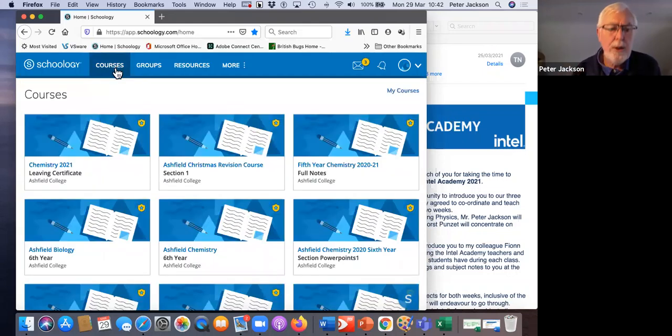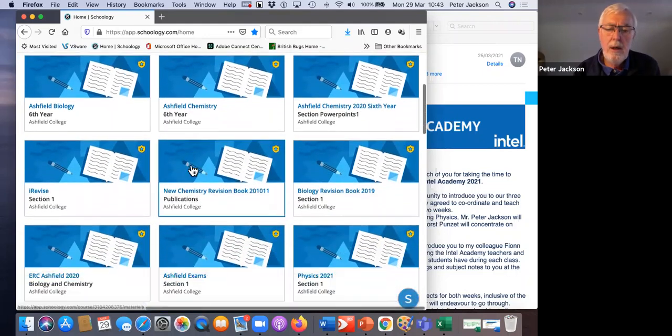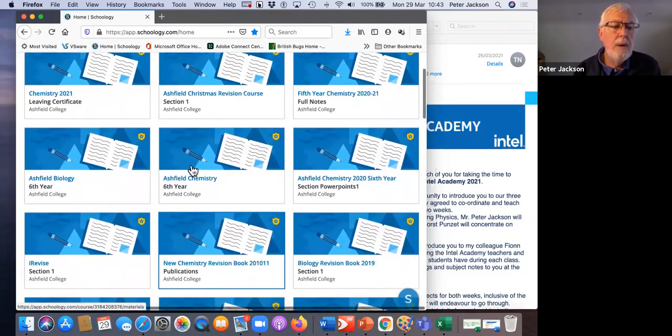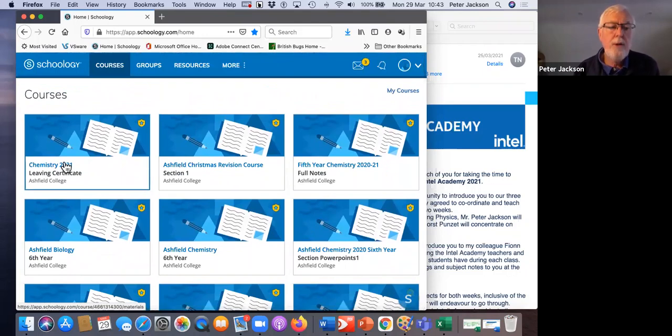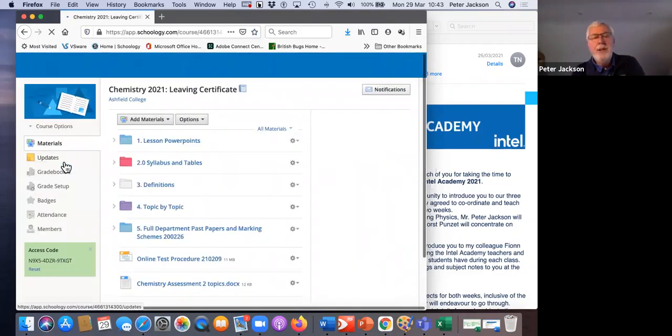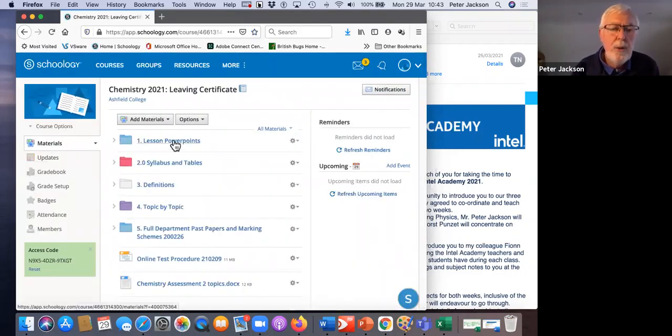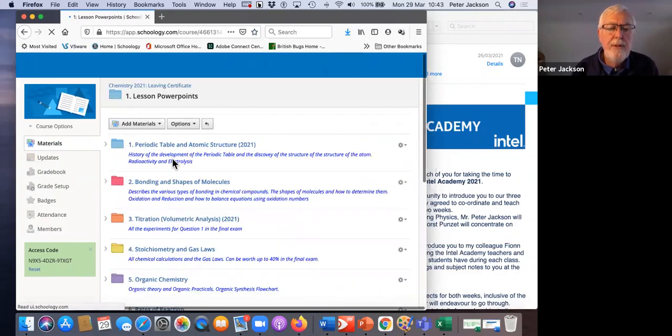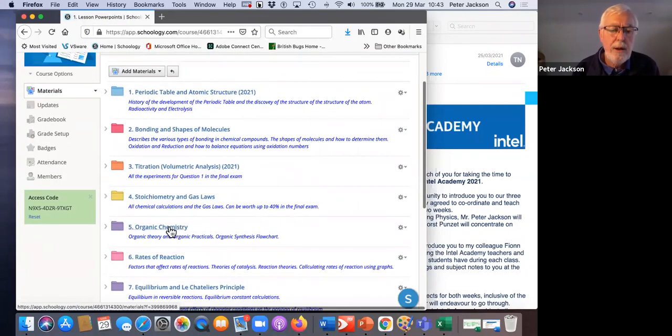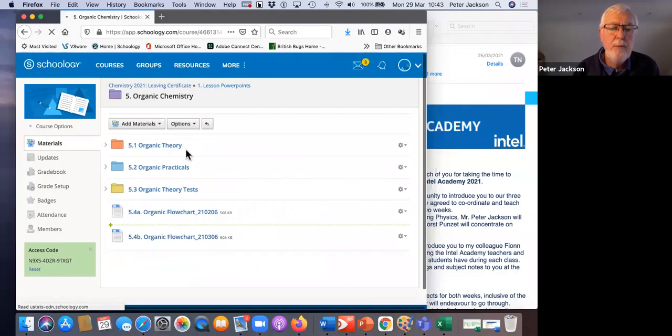You'll ask to join a course, and when you put in that, you'll get to Intel Chemistry, which will look a bit different to this, but it will have organic chemistry. This bit will be pretty much the same, and we're doing organic theory.